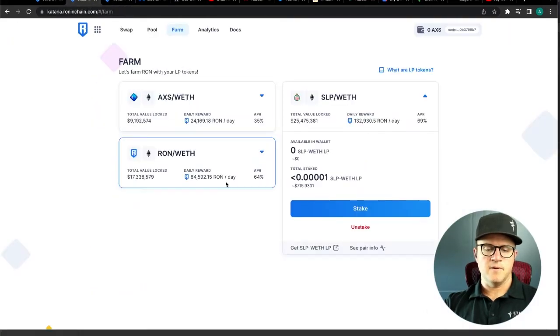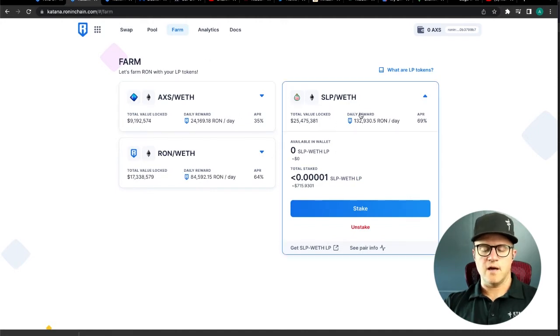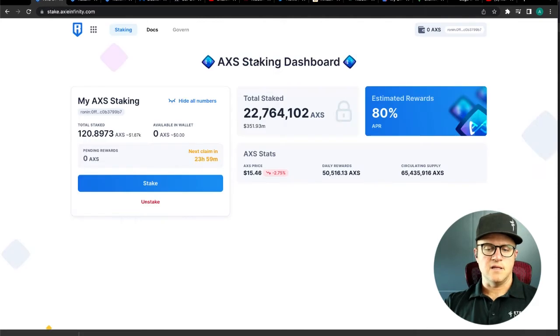I'm farming RON right now with the SLP to wrapped ETH pool, and that gives me currently a 69% APR, which is fantastic. Not quite as good as the 80% APR we're getting over in the AXS staking, and this actually just went down 1% today because I think we're starting to see more people come in.